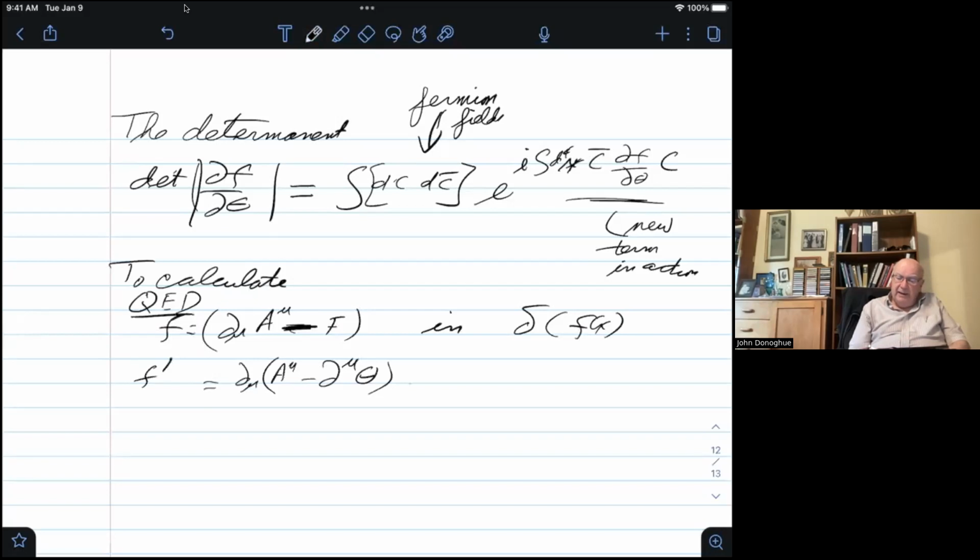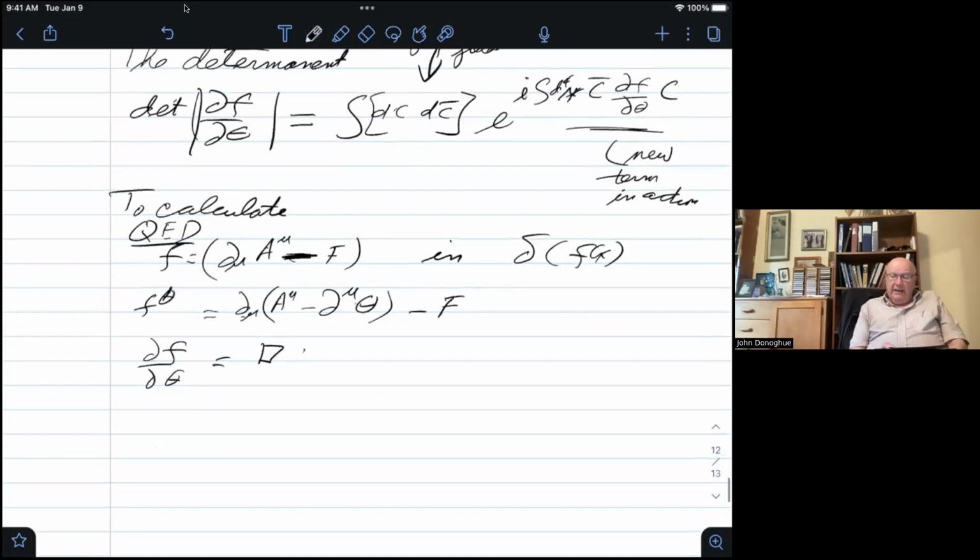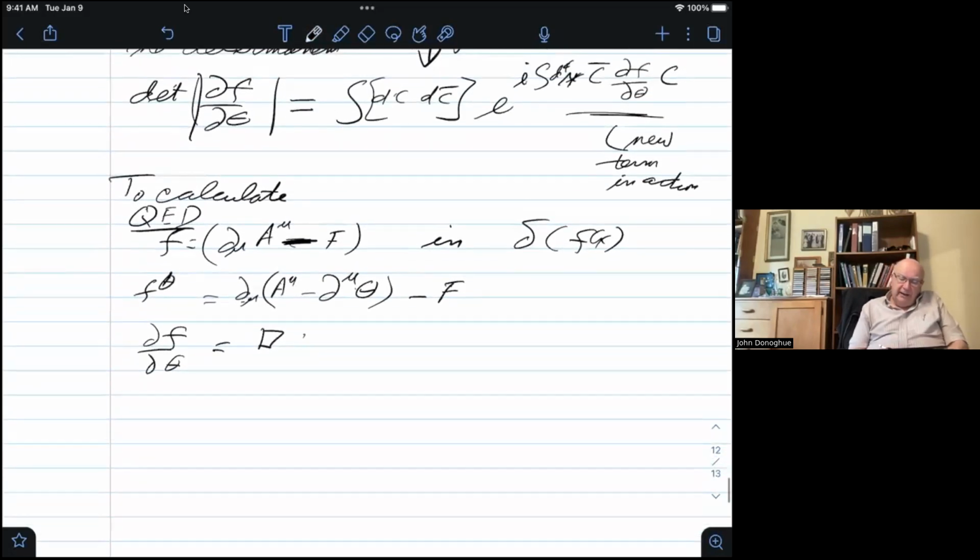So if I do a gauge transformation, df d theta is derivative on theta, box theta. In the case of QED, the ghost action is c bar box c.